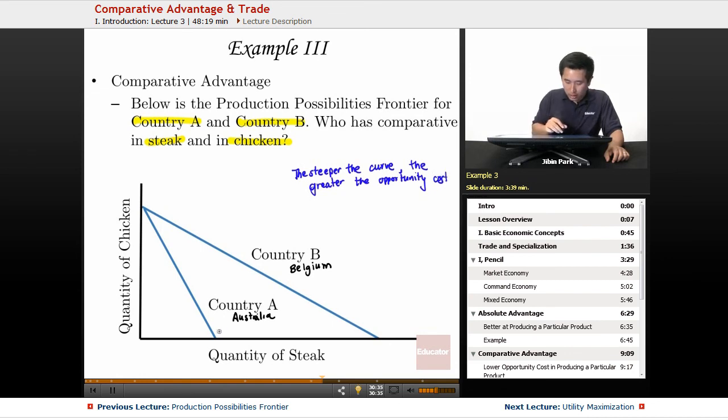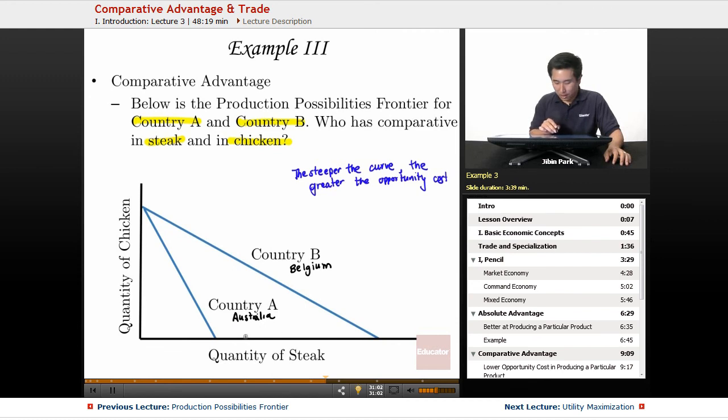Clearly in Australia the curve is steeper than in Belgium, which has a relatively flatter curve. So in order to produce more steak in Australia, a lot of chicken is being given up, whereas in Belgium it appears that much more steak can be produced.